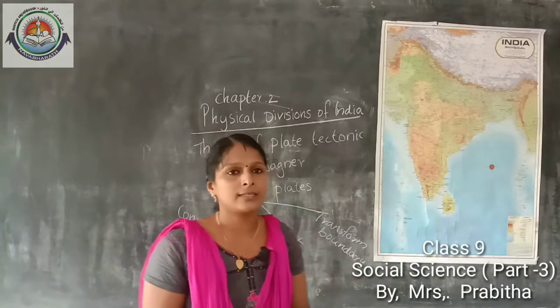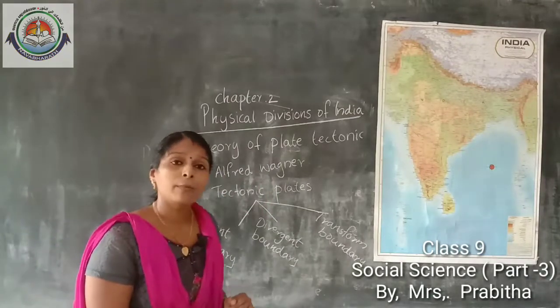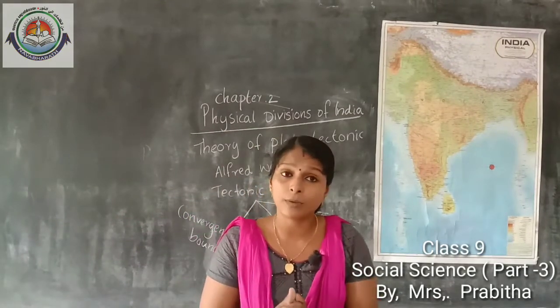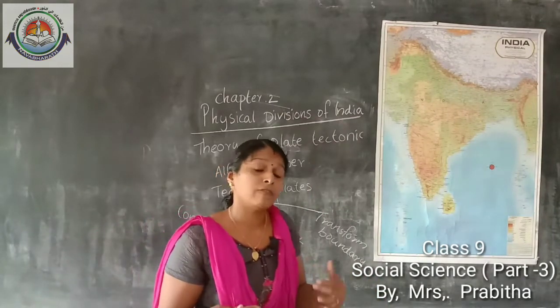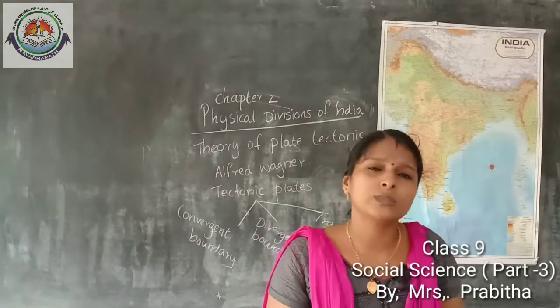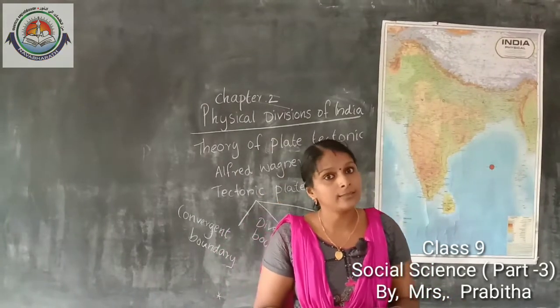So first we can discuss convergent boundary or convergent margin. So what is a convergent margin? Convergent boundary means these tectonic plates move just a millimeter every year due to the molten magma inside the earth.